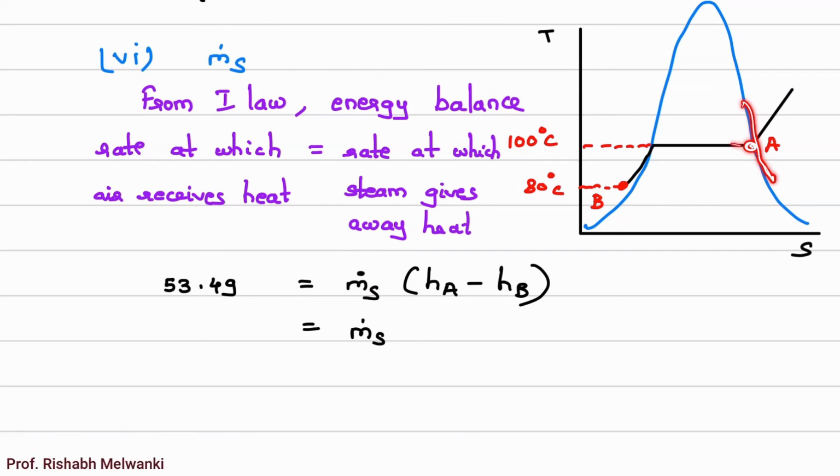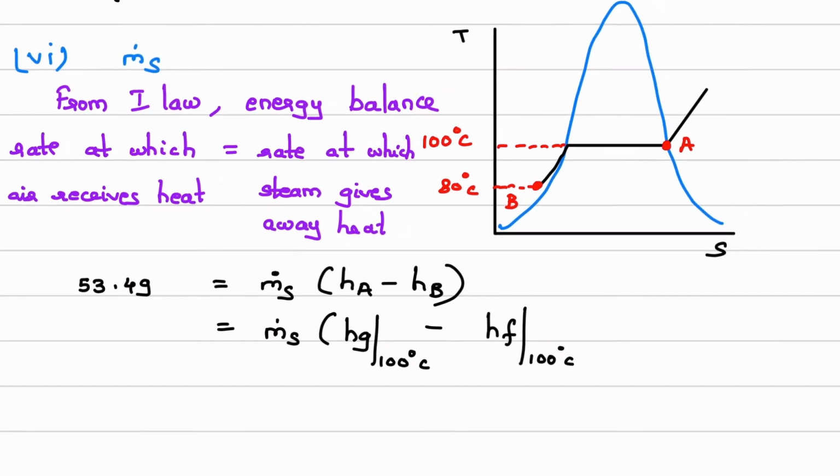So Hg at 100 degrees Celsius. HA is Hg at 100 degrees Celsius minus, what will be this HB value? It will be HF at 100 degrees Celsius. This will be in bracket.